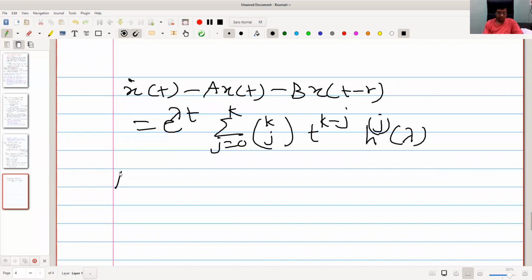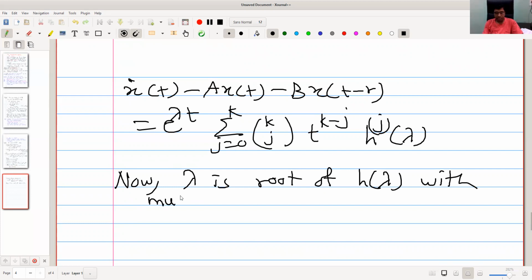Now lambda is a root of h, a solution of this equation, a root of h of lambda with multiplicity m. Therefore h of lambda is 0, h dash of lambda is 0, second derivative of h at lambda is 0, and so on up to m minus 1.